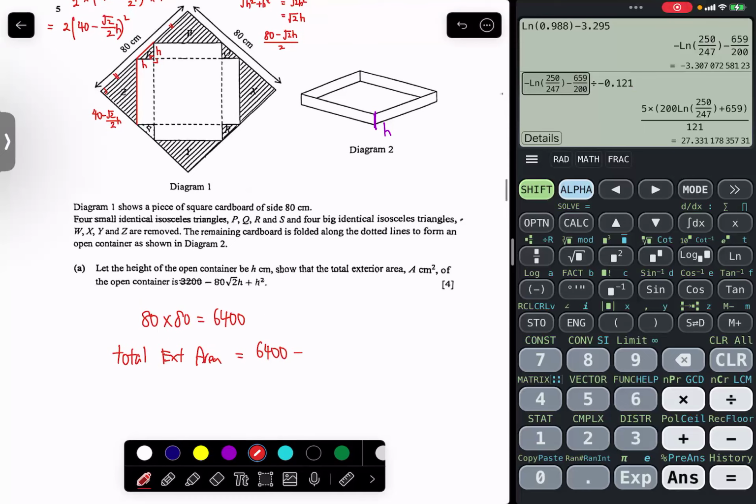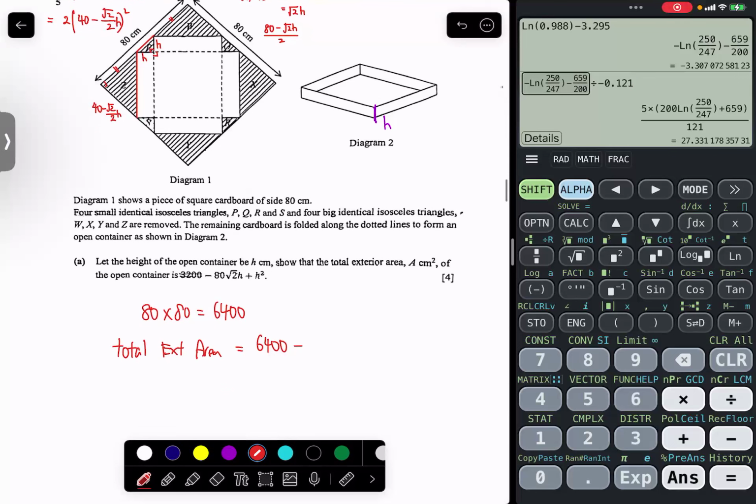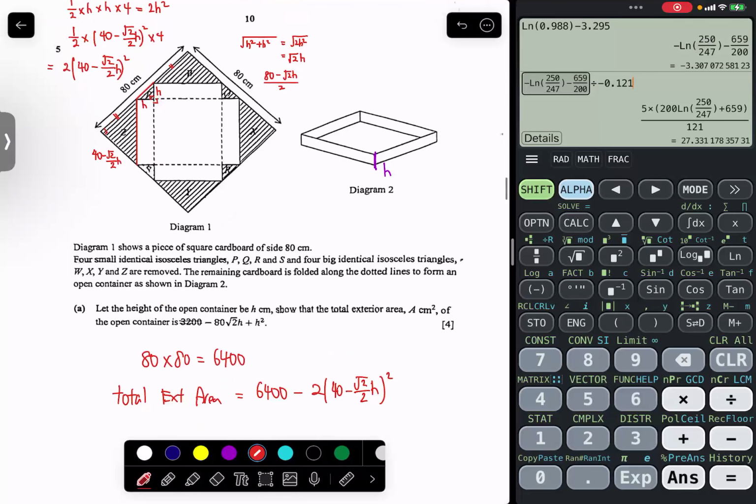Let's find out. I think it should be fine, right? 6,400 minus 2 bracket (40 minus square root 2 over 2 h) squared minus 2h squared.